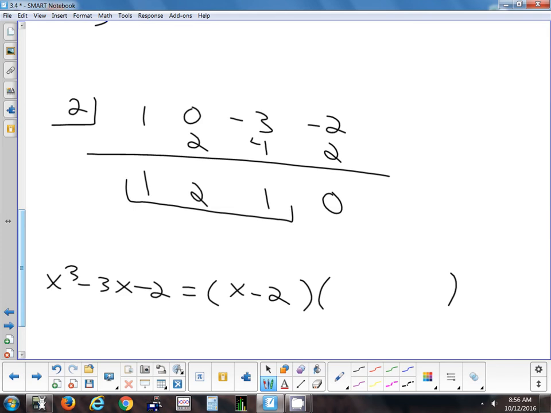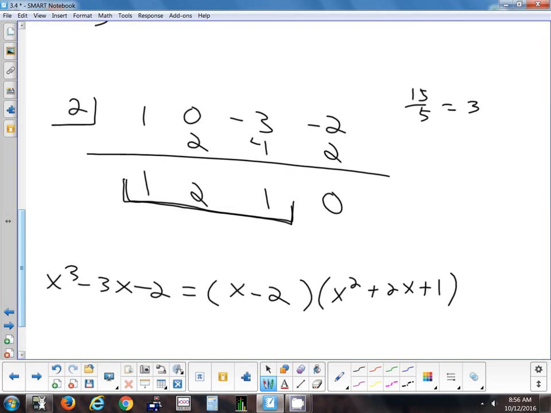Yeah, the quotient. Okay, remember, if you know a factor and you divide through by it, the answer that you get is another factor. Like 15, I tell you 5 is a factor. If you divide 15 by 5 and look at the answer, that's another factor, 3. Okay? Here's what I got when I divided through by my factor. I got x squared plus 2x plus 1.